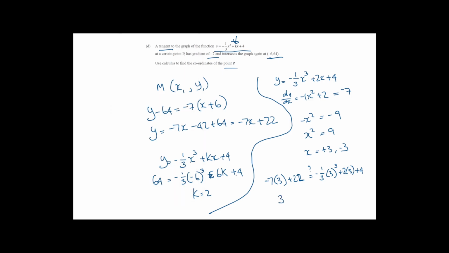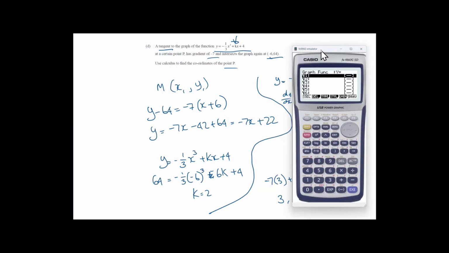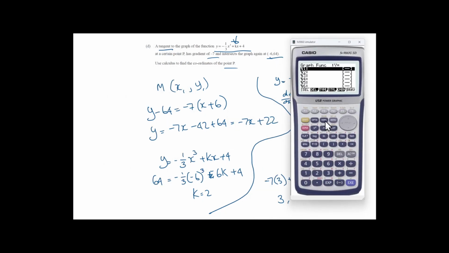So 3, and does negative 3 work as well? Ugh. Oh well, let's just totally cheat. And let's just graph them both together. So one of the graphs was negative 7x plus 22.